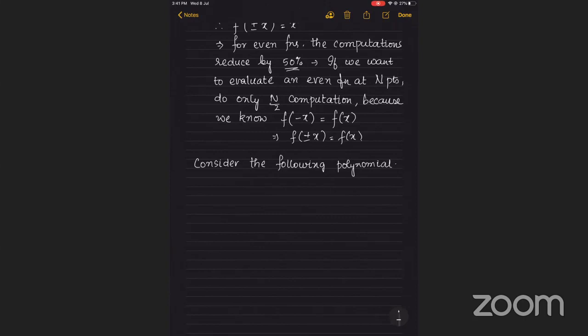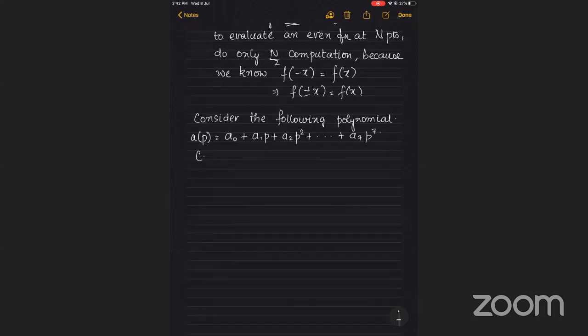Let me call that A of P. A of P is A naught plus A1P plus A2P square plus etc., plus A7P power 7. I'm going to look at this polynomial. The question is, compute A of P at 8 distinct points.